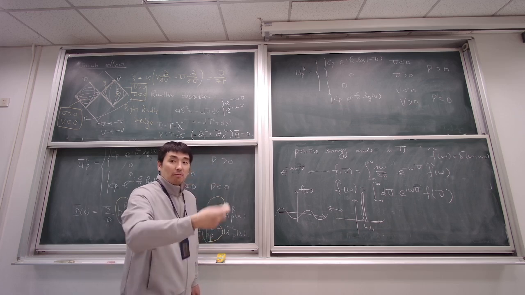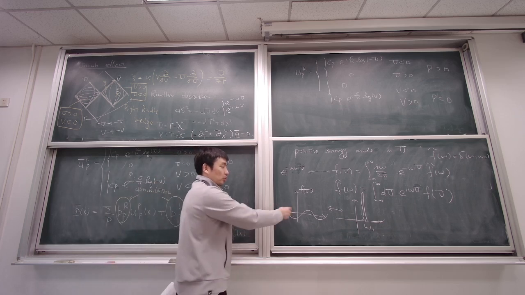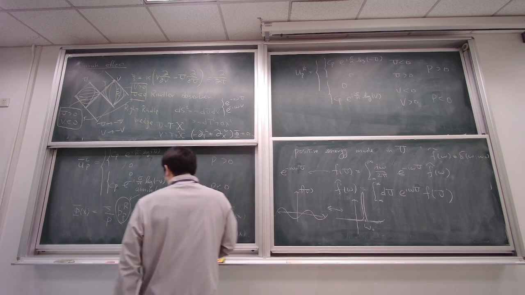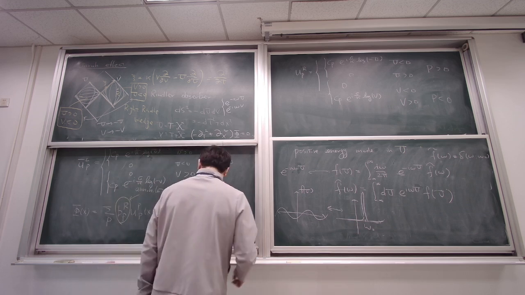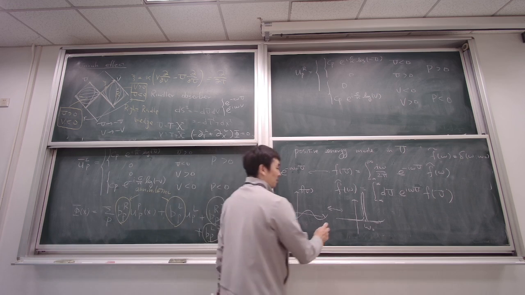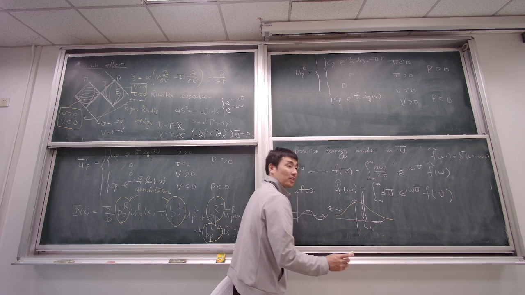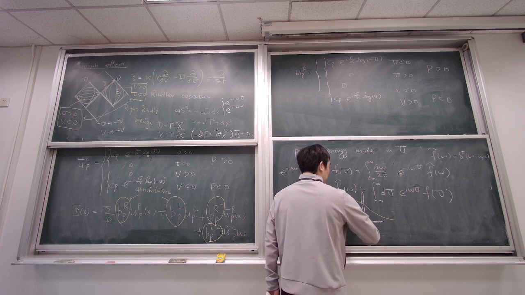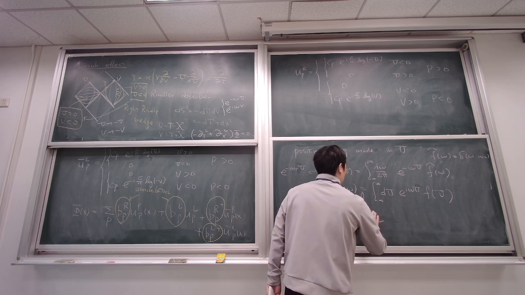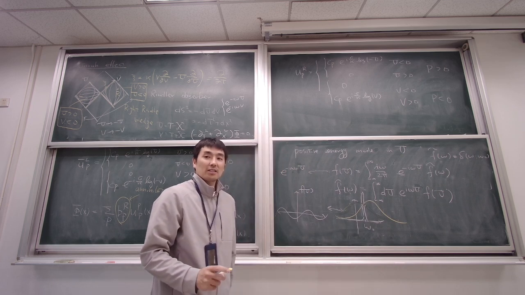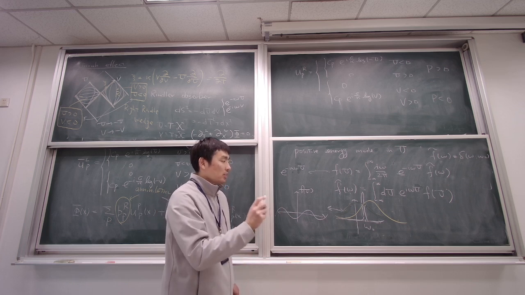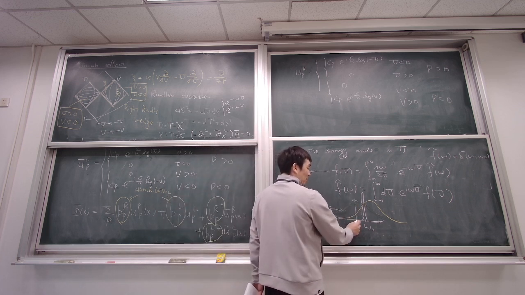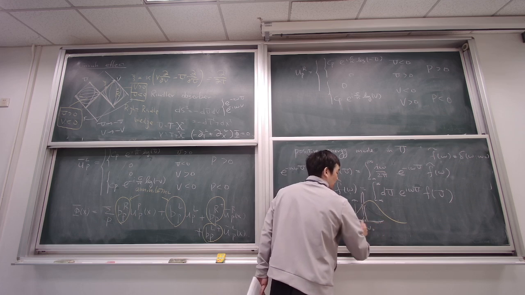But if you want to have a superposition of frequencies, we can have something like an amplitude like this way, f tilde of omega. Positive frequency means that f tilde of omega is 0 in the negative part, since omega is energy.